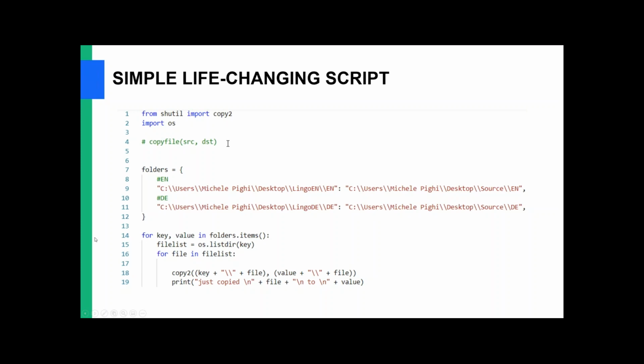And then from row 14 to 19 is where the simple magic happens, telling the system to copy the files from one folder to the other one. You just need Python, which is free, on your PC, and double click on the script, and done.